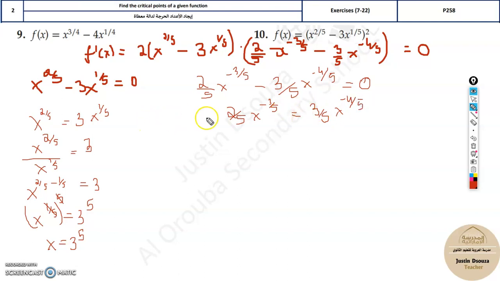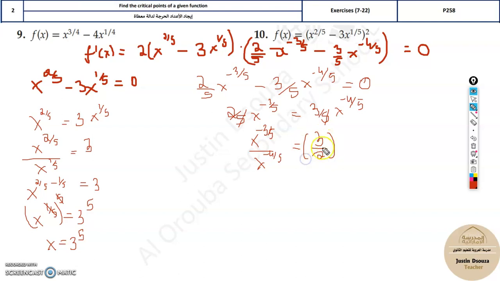Now we need to simplify this. Look at this, the 5 cancels. And take the numbers to one side and the powers to the other side. So I will take this to the other side. x^(-3/5) divided by x^(-4/5) equals 3/2.